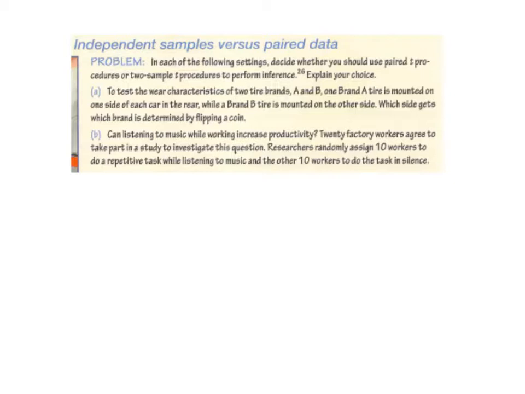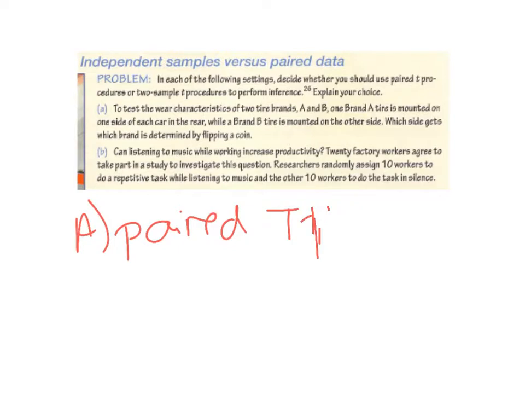So for this one, for A here, I'd be using paired T procedures. This is a matched pairs experiment. The two treatments are being randomly assigned to each side of the same car. So this is a matched pairs experiment.